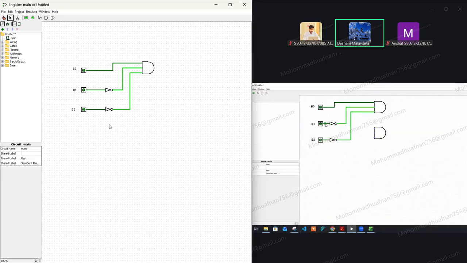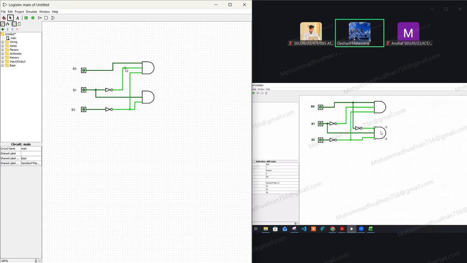So we can take directly from here and come here. So 2 and 0 should be not. So I will connect that one to here, and I can directly get this one to here. Fine, right? So that one is also fine.